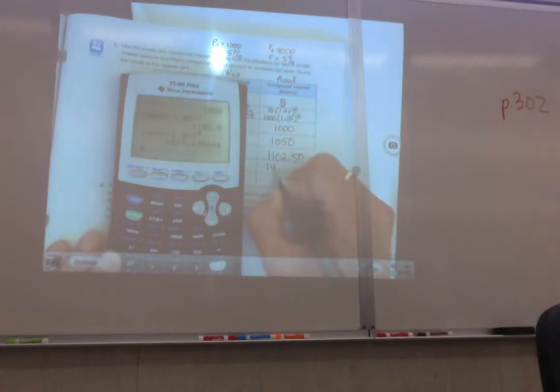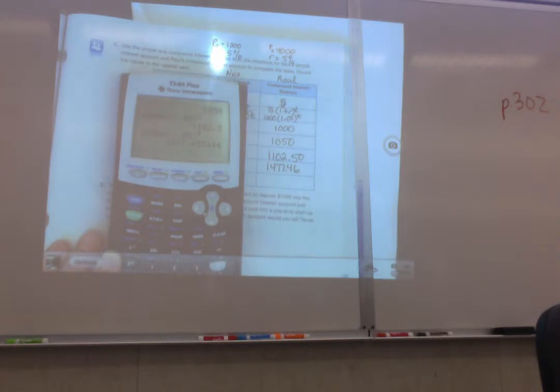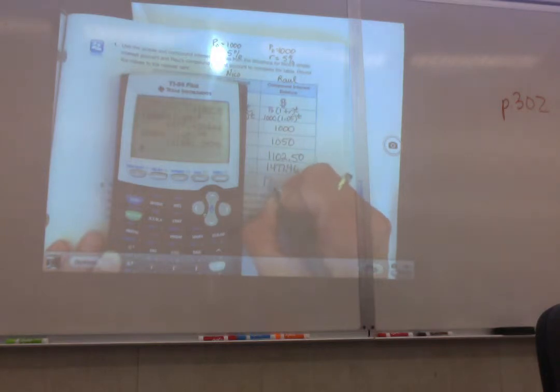You don't have to rekey everything. The calculator is smarter than we are if we can figure out how to use it. Okay? You guys already all figured this out. I'm just slow. So all I'm doing is using the same expression that's already in my calculator, backing it up, changing the exponent.